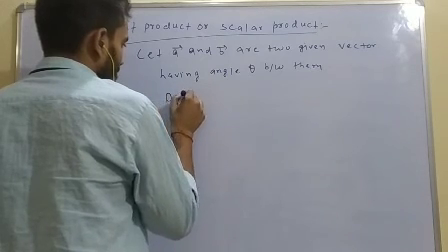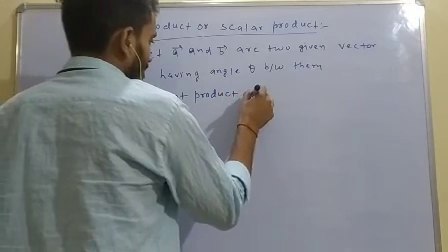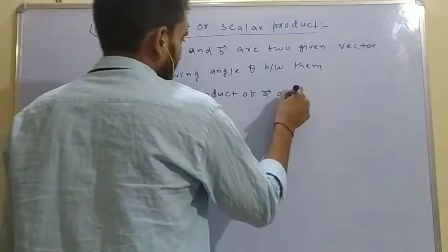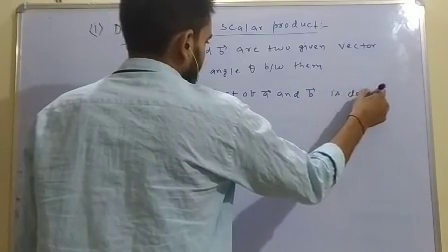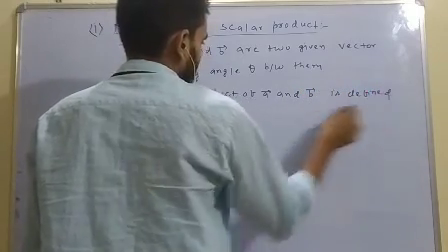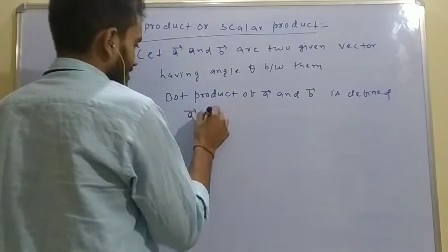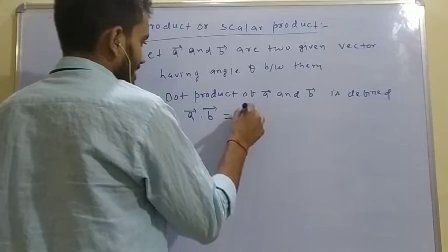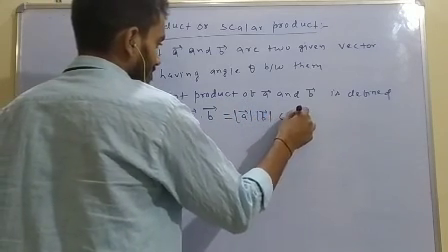The dot product of vector A and vector B is defined as vector A dot vector B equal to magnitude of vector A, magnitude of vector B into cos theta.